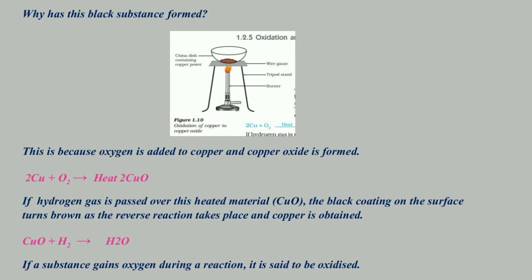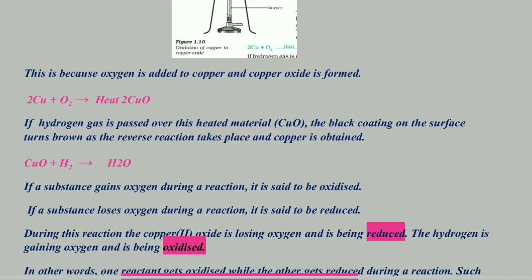Here we can see that if a substance gains oxygen during a reaction, it is said to be oxidized, and if a substance loses oxygen during a reaction, it is said to be reduced. It means during this reaction, the copper oxide is losing oxygen and is being reduced, while the hydrogen is gaining oxygen, so it is being oxidized.